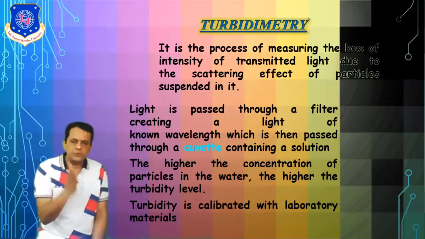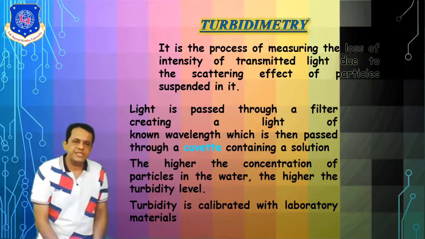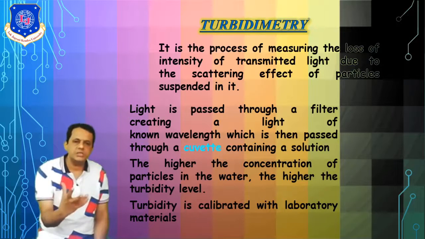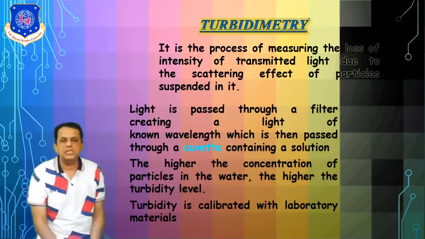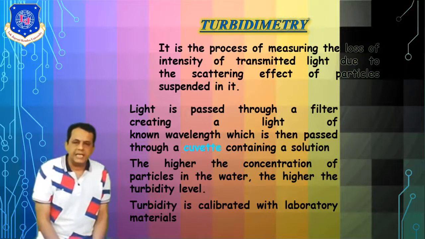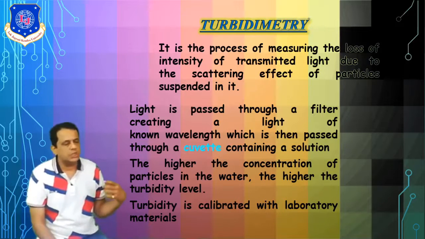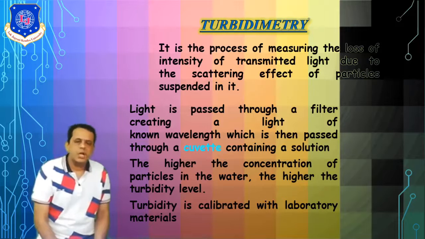So here we will talk about turbidimetry. It is the process of measuring turbidity. We will measure how much loss of transparency there is in the water, and it is done by using the scattering effect of light. Light is passed through a filter, which creates a particular wavelength of light, and it is passed through the cuvette.